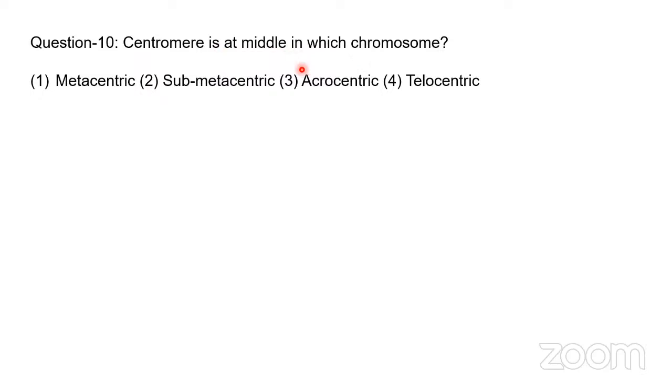We know that centromere is the primary constriction present in the chromosome. Based on the position of the centromere, chromosomes are divided into 4 types as we studied. They may be metacentric, submetacentric, acrocentric, or telocentric. In metacentric, the centromere is present at the center, dividing the chromosome into 2 equal halves.